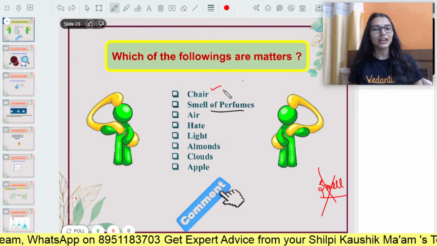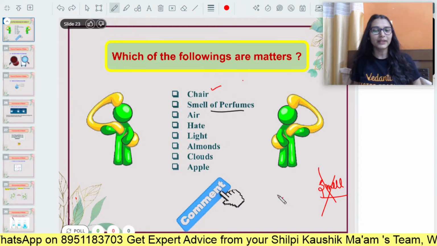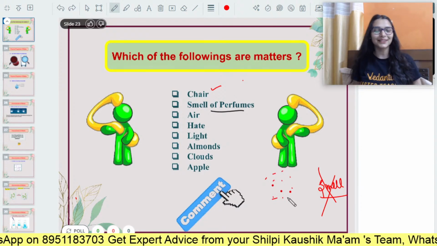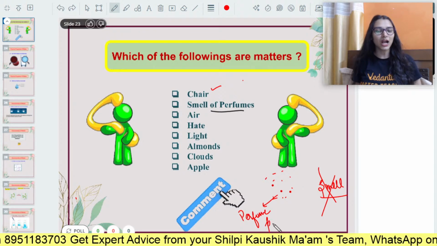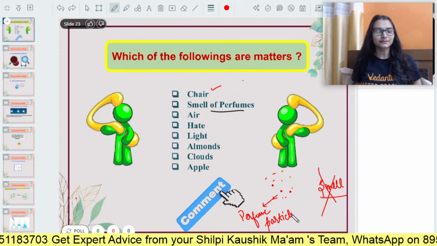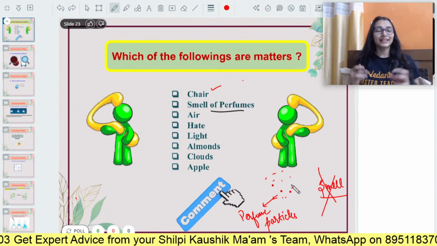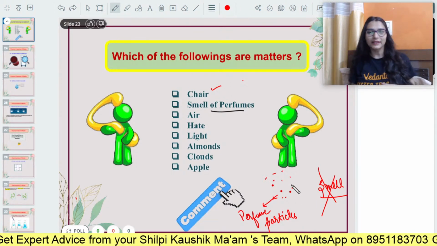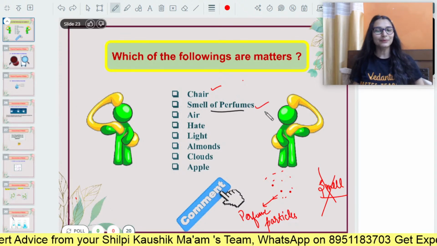But when I say smell of perfume, that means the smell will be having perfume particles in it. These are the perfume particles which are responsible for giving the fragrance, for giving the smell. So if there is a presence of particles, it means there is matter. So yes, definitely matter.